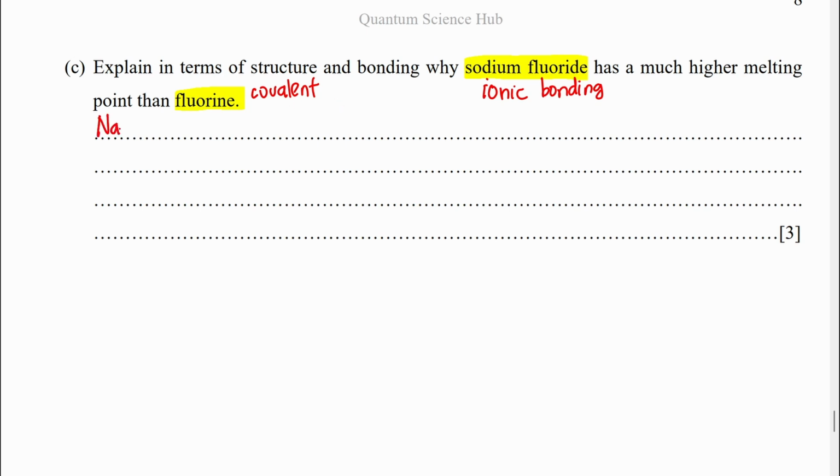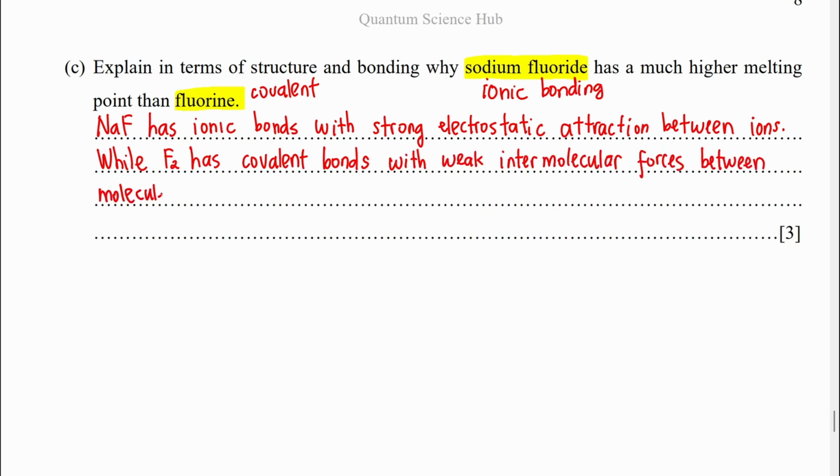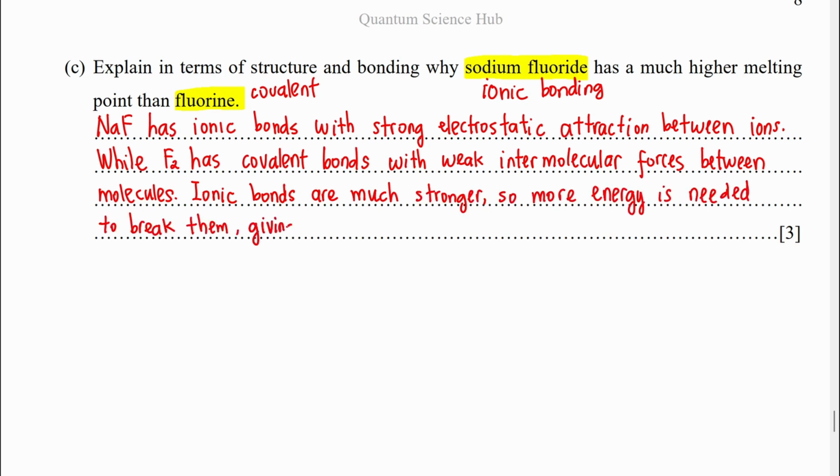So you can say NaF has ionic bonds with strong electrostatic attraction between ions, while F2 has covalent bonds with weak intermolecular forces between the molecules. Ionic bonds are much stronger, so more energy is needed to break them, giving NaF a much higher melting point.